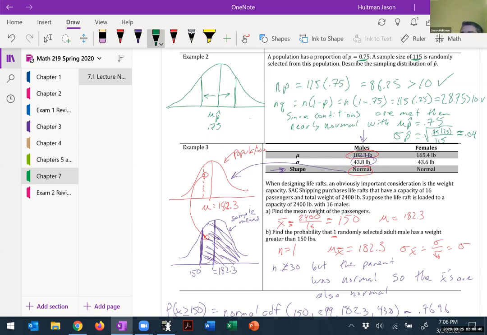Since the standard deviation is 0.04, how would I get one standard deviation away from the mean? Well, wouldn't I add 0.04? So on the graph it would be 0.75 and then 0.79, and that would be one standard deviation.